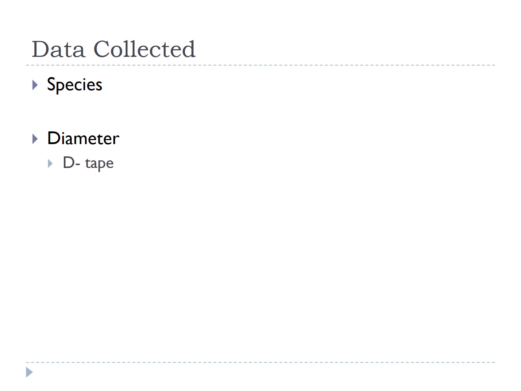We're typically also going to collect information about what type of tree it is, what the species is. And then typically we're also going to collect the diameter. And this is really the only time we might need some kind of extra tool besides a tablet or some other place to record our data. So we might use a diameter tape or calipers. Every so often you might use a Biltmore stick.